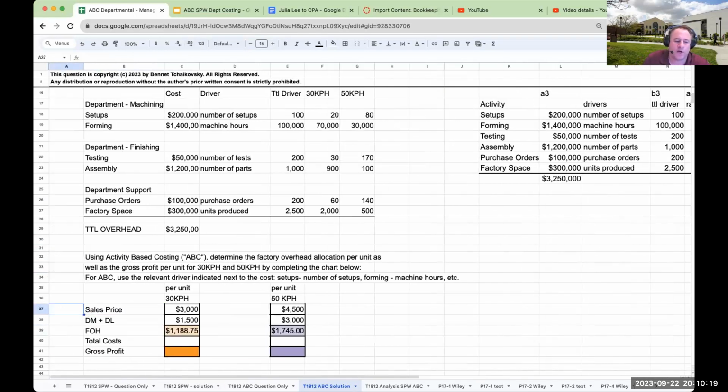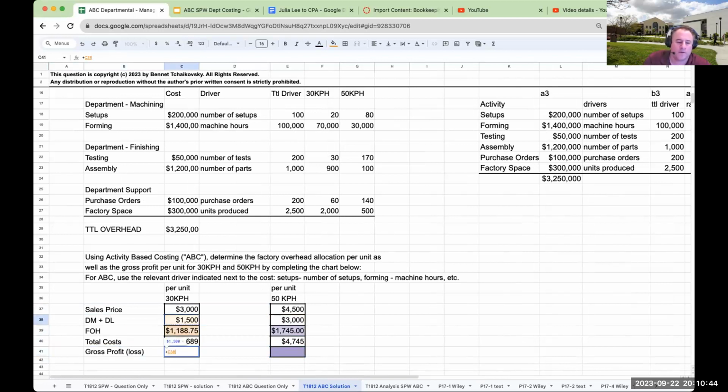So my total cost per unit for the 30 kph is going to be 2,689,000. For the 50 kph, it's now going to be 4,745. When I subtract the cost from the sales price, let's take a look at what we have.